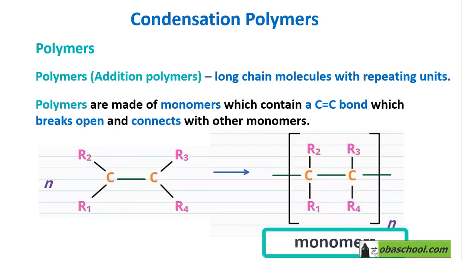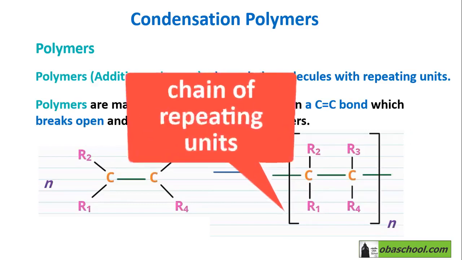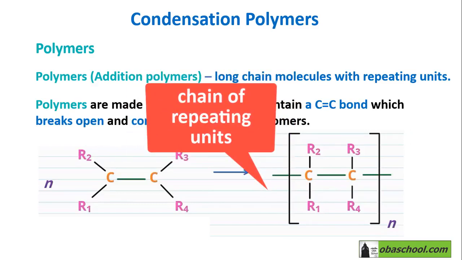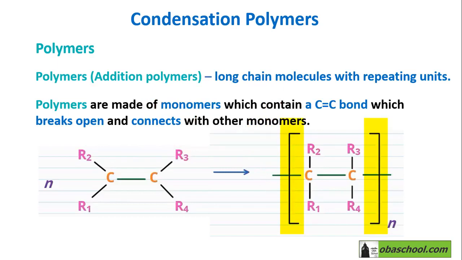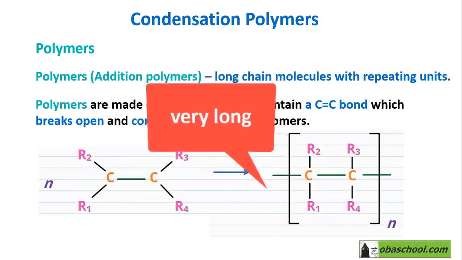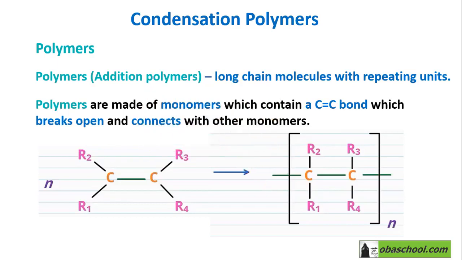And we show the fact that it is a chain of repeating units with these square brackets and the small letter n by the side. So these big square brackets show you that this is a very long chain of n repeating monomers inside it.